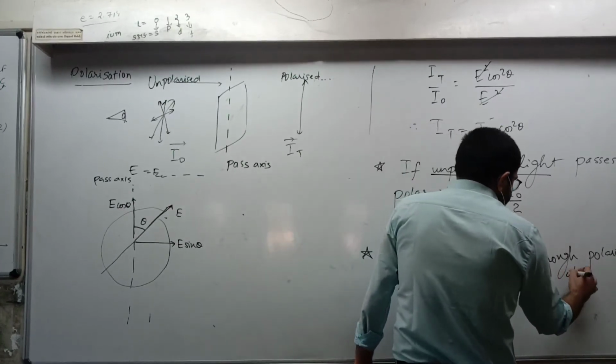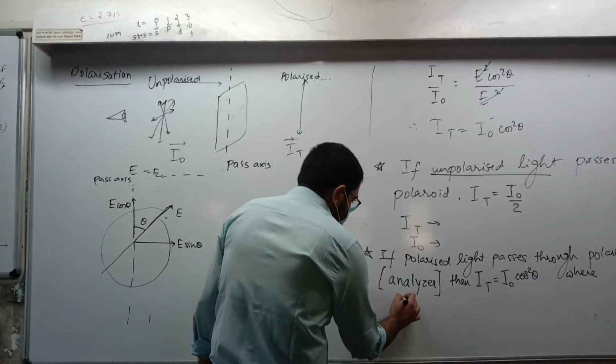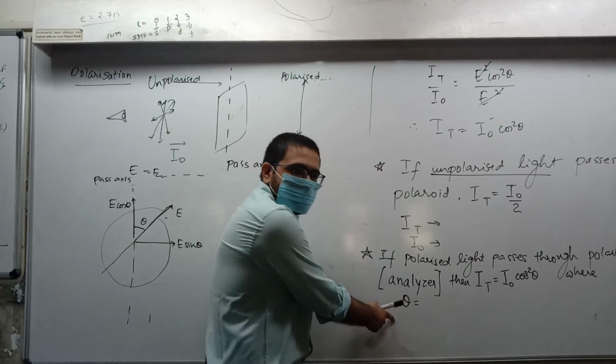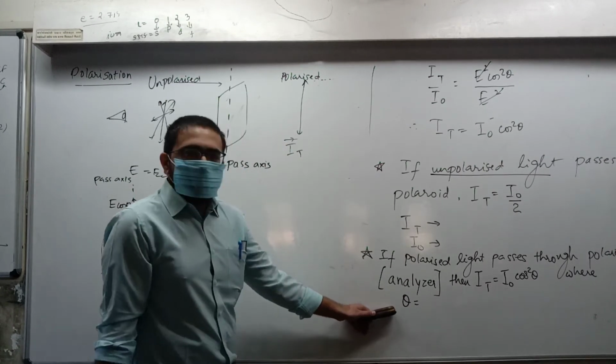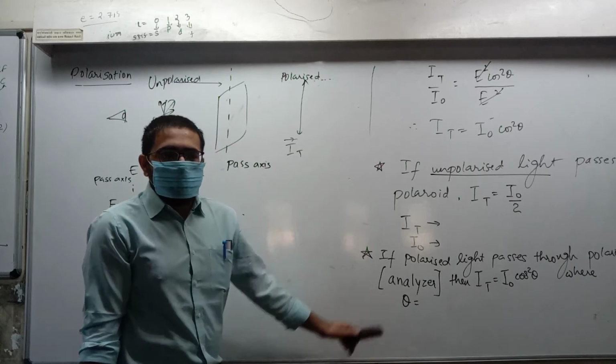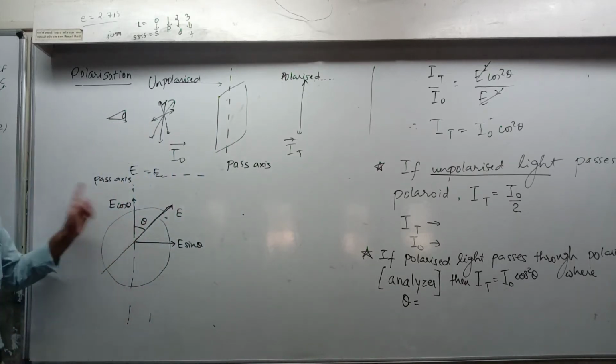Now here it is very important to write the terms, especially theta. Are you able to see up to here? Write that above. What is theta? What would you label theta as? Look at this diagram.